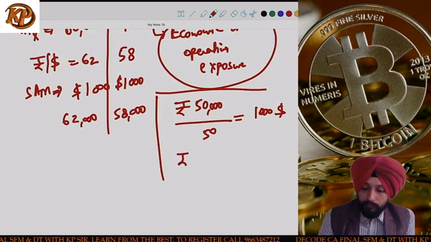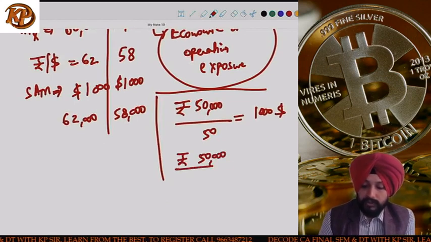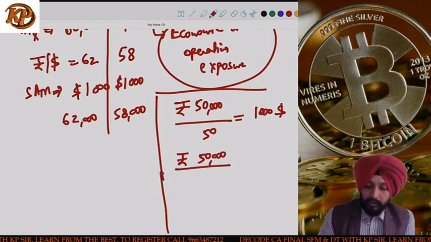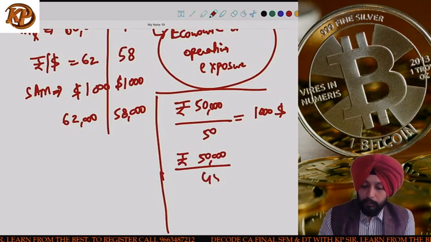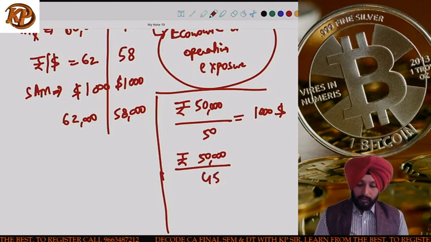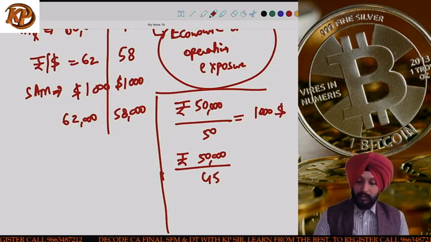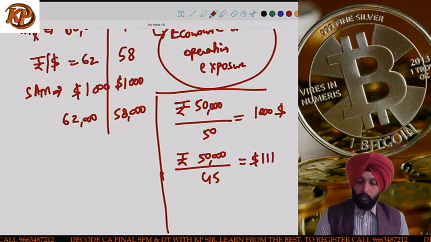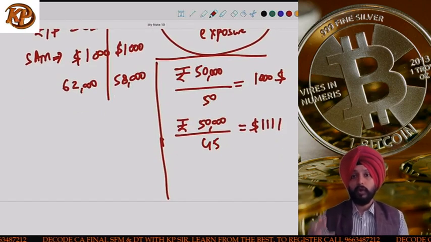But suppose I'm still charging the same price to my client in US, but suppose rupee per dollar has appreciated to 45. In that case, the cost for my customer in his currency will be 50,000 divided by 45. I'll get dollar 1111. If you see, for him the cost has gone up.